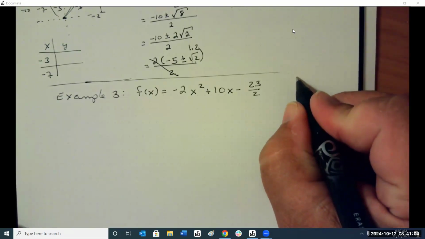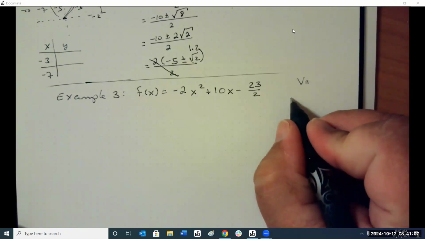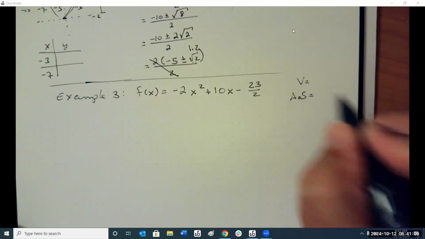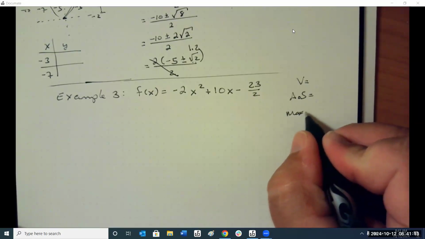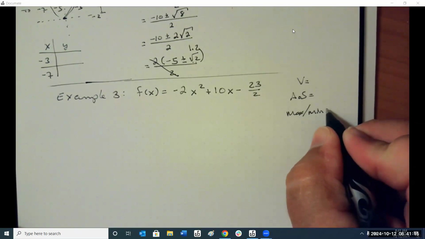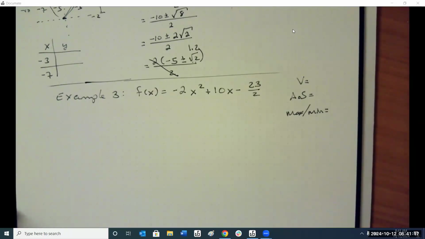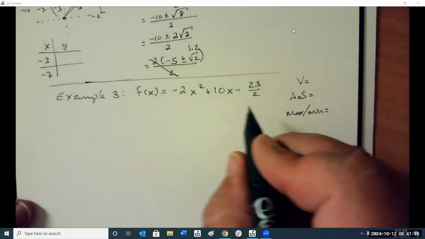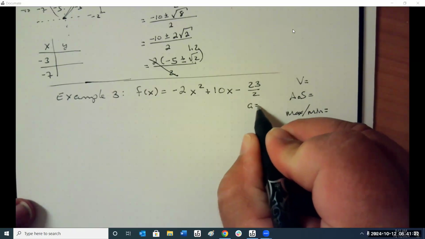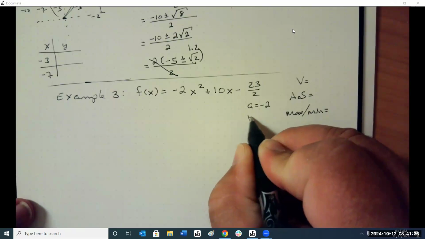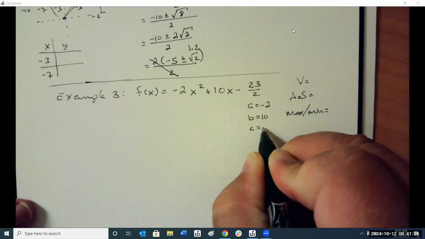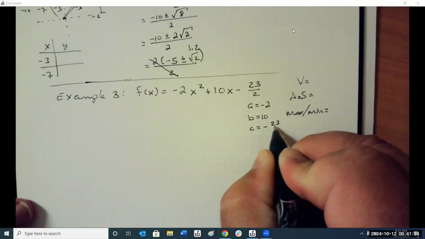We're asked to find the vertex, the axis of symmetry, and max or min. So here we have a is equal to -2, b is equal to 10, c is -23 over 2.